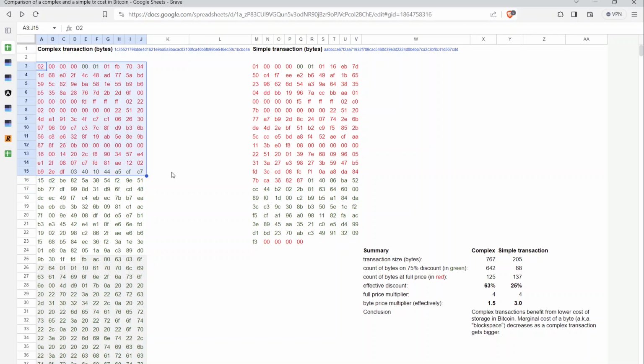They make the network less usable for simple transactions, for the transfer of bitcoins, and for those users who want to transfer bitcoins, it makes it more expensive because they have to compete in this unfair price discrimination.